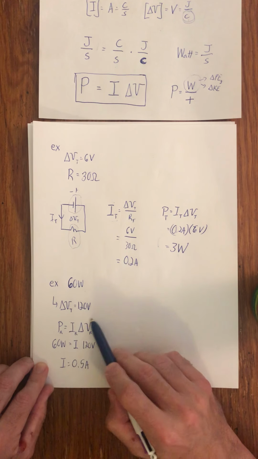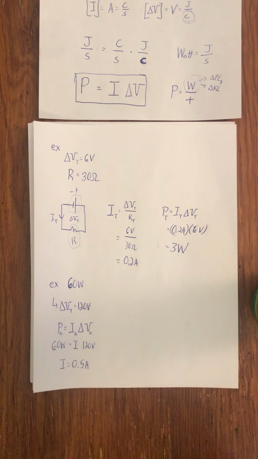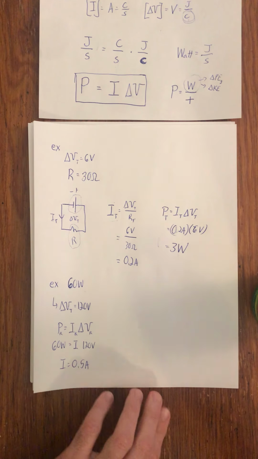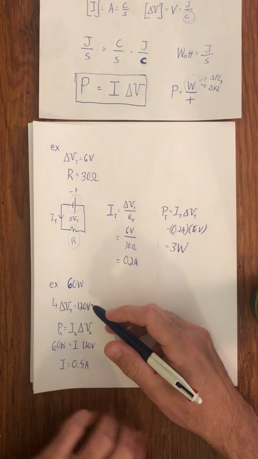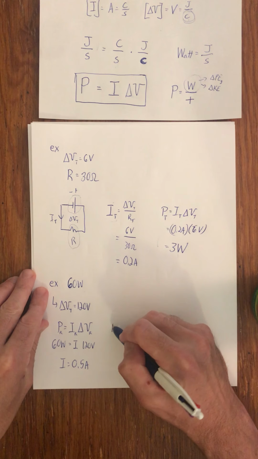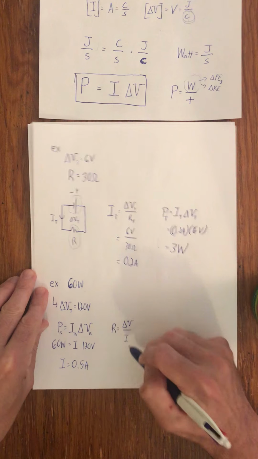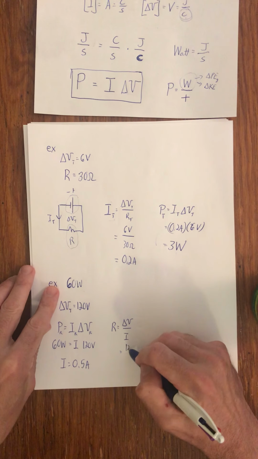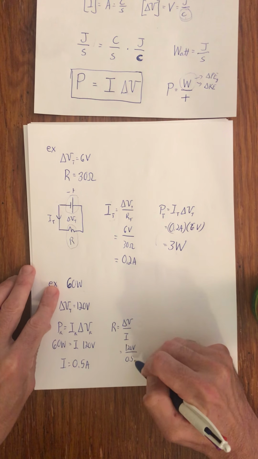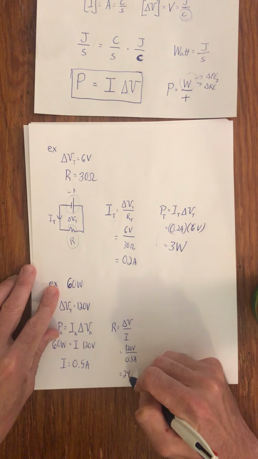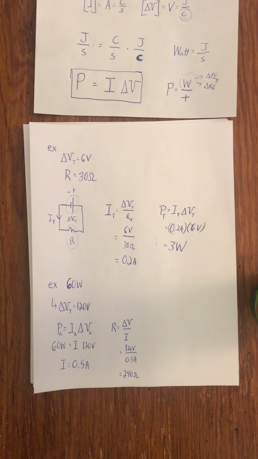This is the current through the resistor, and that is the voltage drop at the resistor. We're going to connect a lot of these things in a video coming up. So there you go. Now I can find the resistance of that light bulb by doing delta V over I, and that would be 120 volts over 0.5 amps, and that's 240 ohms.